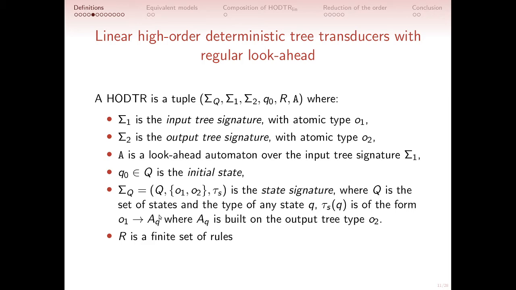Each state has a fixed output type, which is like this, with a queue built only on the output type. So once a state is given an input tree, it doesn't work with input trees anymore. This is very useful because it ensures that you don't apply a state to something that has already been processed.